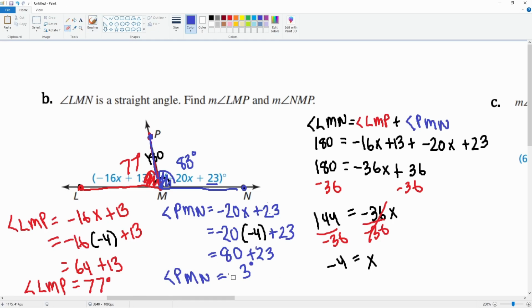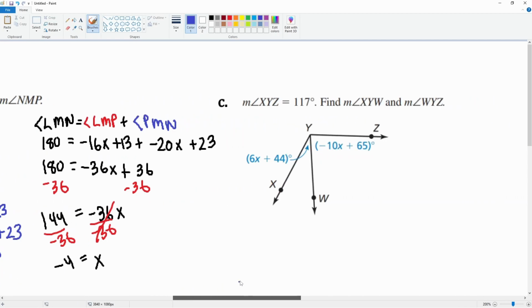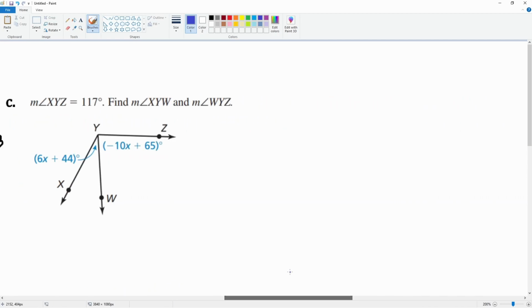That makes more sense. So this should be 103 degrees. If you add 77 plus 103, that gets us 180. See, that's how you can double check your work. All right, good job.